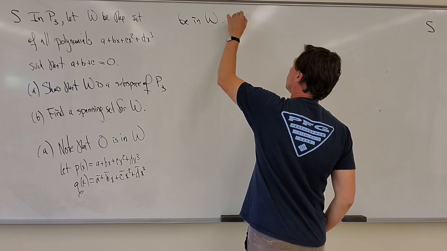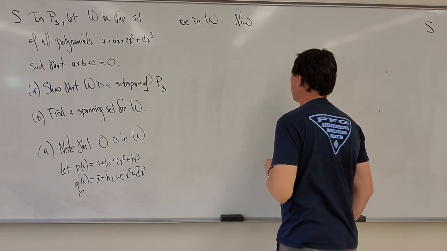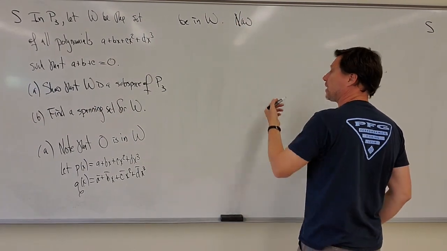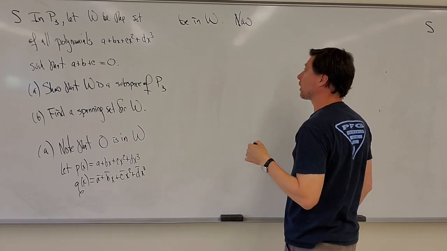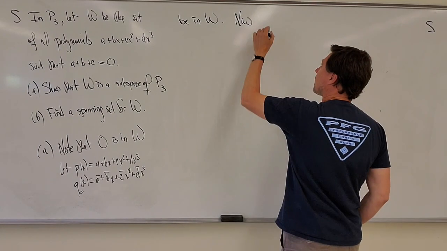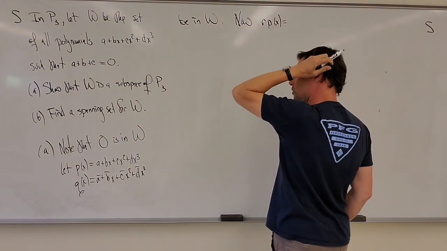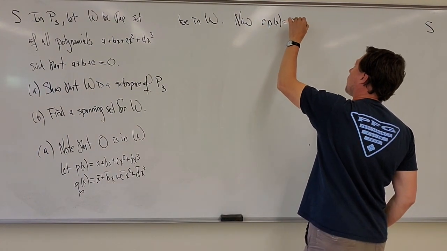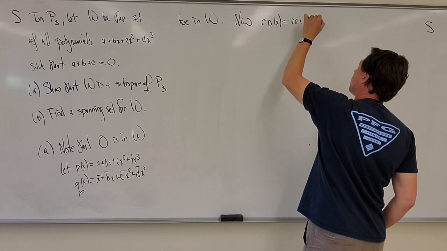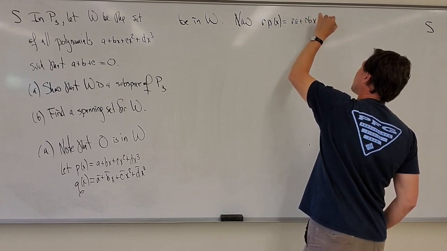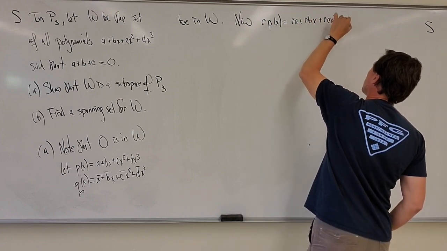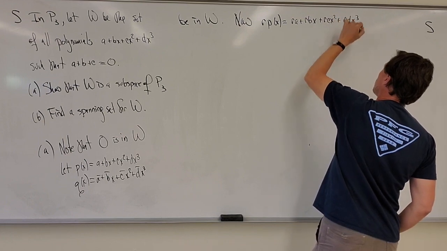So now I want to look at a constant times P of x. I want to show that W is closed under scalar multiplication. So R times P of x is equal to RA plus RBx plus RCx squared plus RDx cubed.